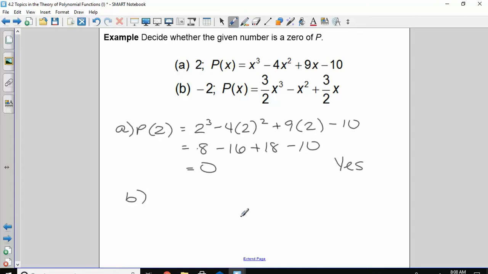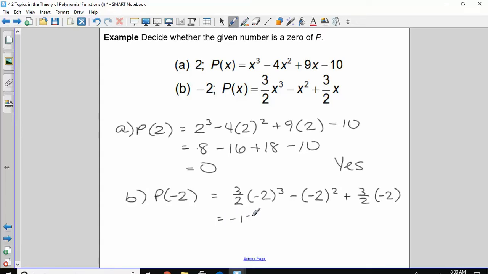For B, what do we plug in? -2. So -2 cubed would be -8 times 3/2, -12. -2 squared is 4, so -4. 3/2 times -2 is -3. And I get -19. So my answer on this one is no.